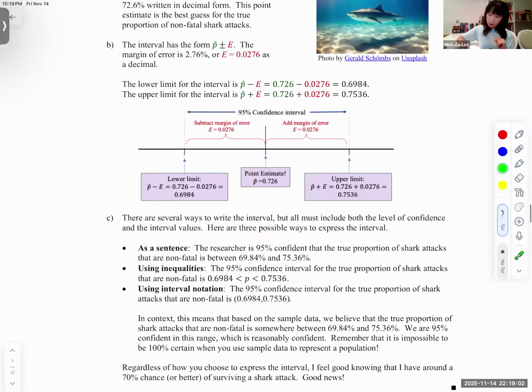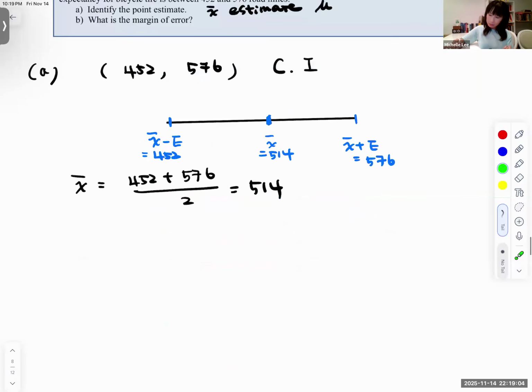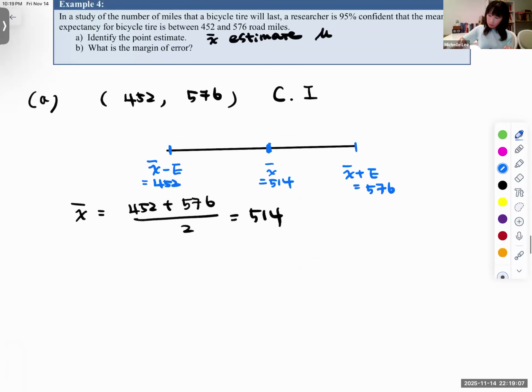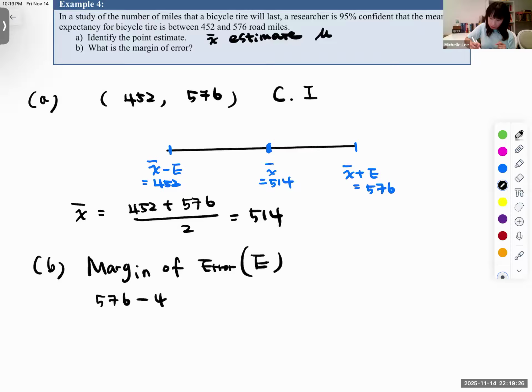One way to find the margin of error, let me write down the margin of error, E, right? Okay, so we are using the number 576 minus 452 over 2.